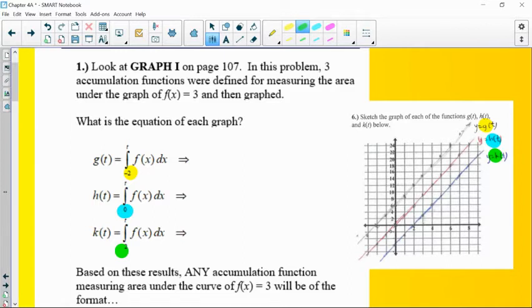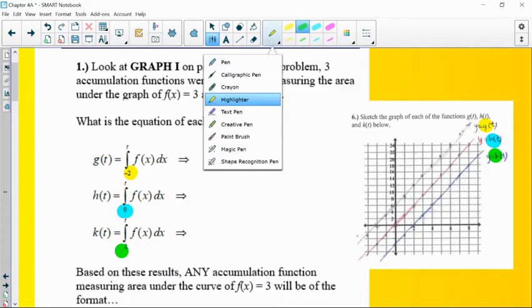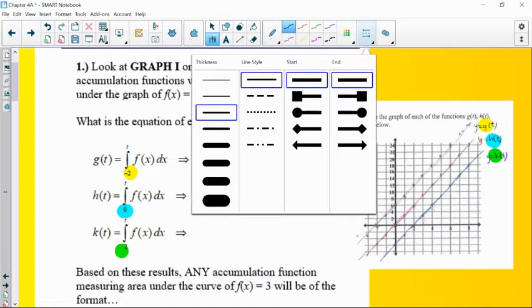H of t has an intercept of 0, also up 3 over 1. And then the same thing with k of t, up 3 over 1, with an intercept of -6. So I can come up with an equation that would model each of these functions.